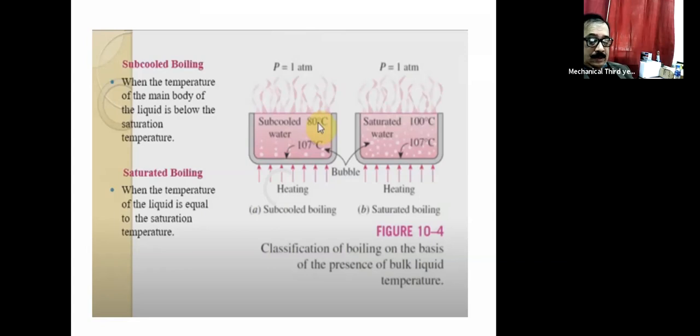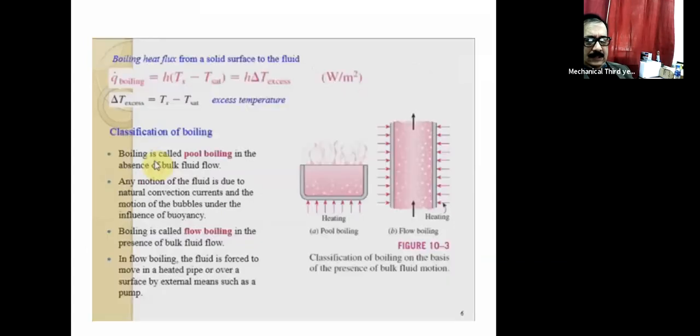Now, if I go there, there are two types of classification. One is the classification of boiling on the basis of presence of bulk fluid motion. In one case there is no motion, and in the other case there is motion.